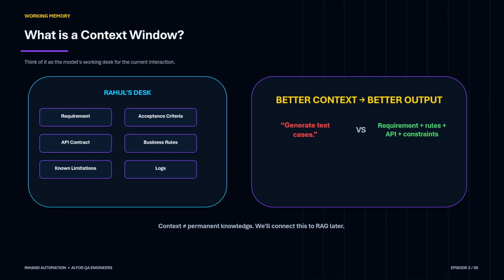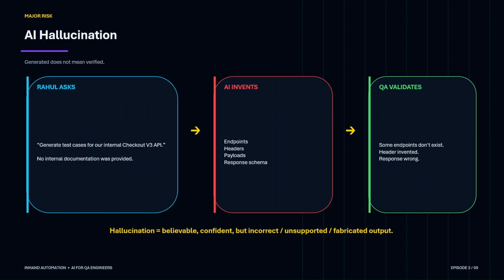It has the headers, the payload, the endpoint, the expected result, and everything looks professional. Rahul thinks, wow, it knows our internal API as well. But when Rahul checks the actual API documentation, he realizes half of the information was incorrect. Even some endpoints which came in the response did not exist.